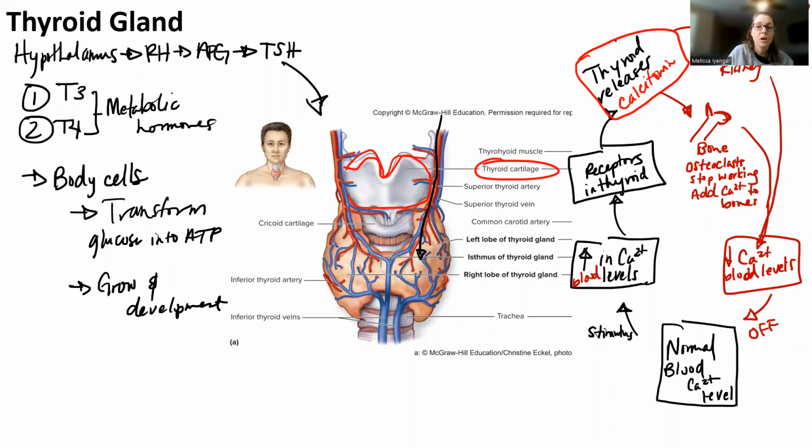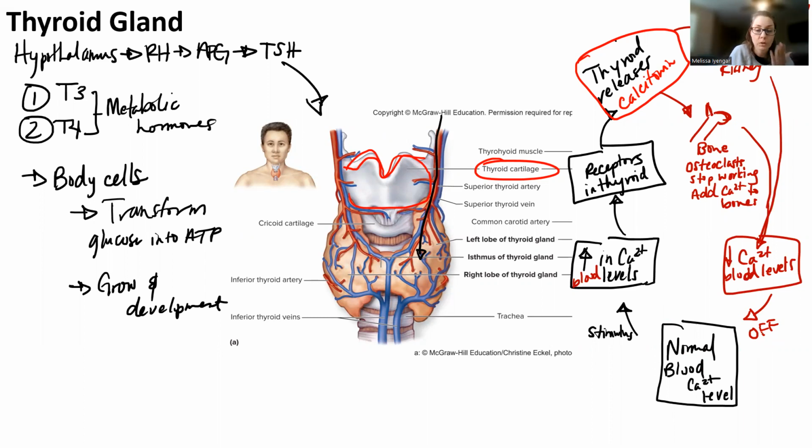It's also going to target bones, where osteoclasts are working to break down bone in order to add calcium to blood. You just tell them, hey, stop working. Osteoblasts work a little bit harder, and essentially they add more calcium to bones. This is going to start to drop our blood calcium levels. And as we go back to our normal blood calcium level, we turn our system off.